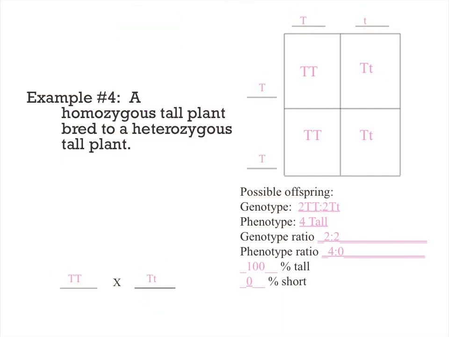Okay, and another one. Again, going to put our key up here, which takes just seconds. So homo tall, so homozygous, same letters, and they're tall, so that would be big T, big T. And then hetero, my only option for hetero is big T, little t.